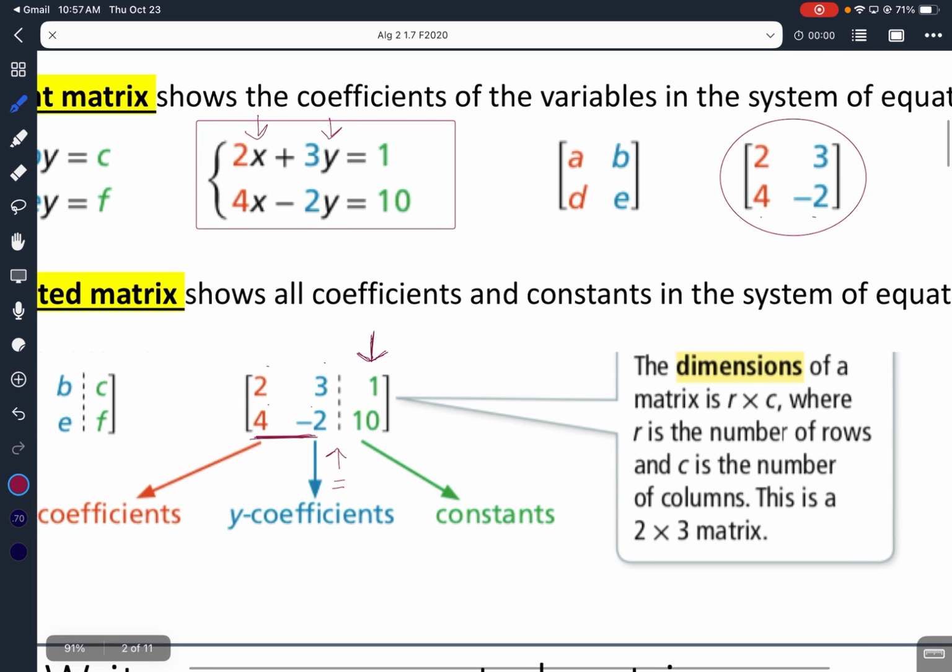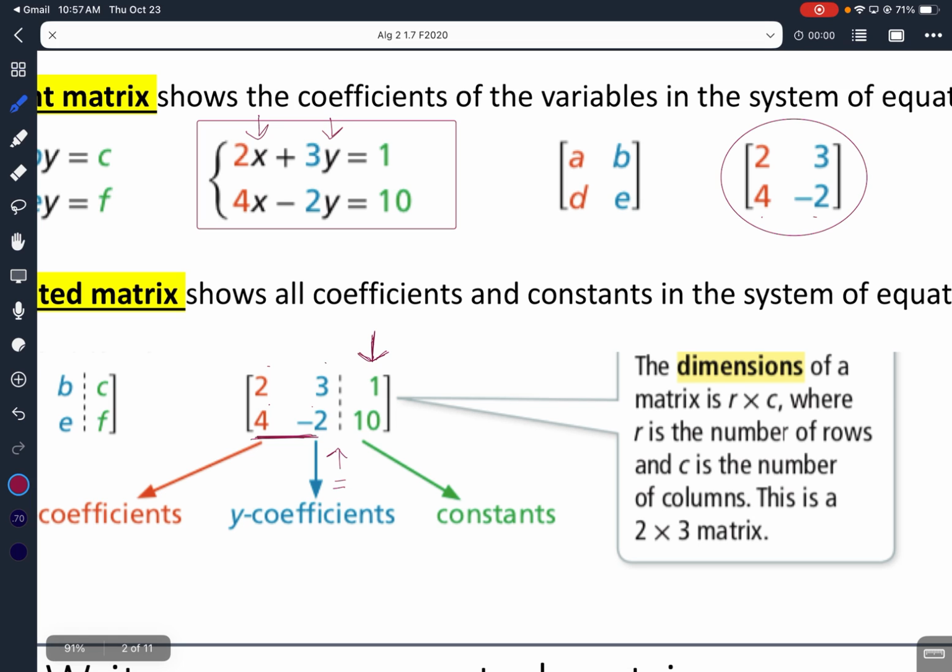So something you need to know about the dimensions of matrices. We say they're a 2 by 2, a 3 by 4, a 6 by 8. We say the dimensions, it's like room dimensions. But these dimensions in particular are rows by columns. Rows go horizontally, columns go vertically.